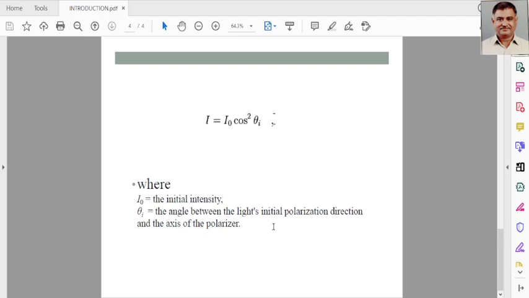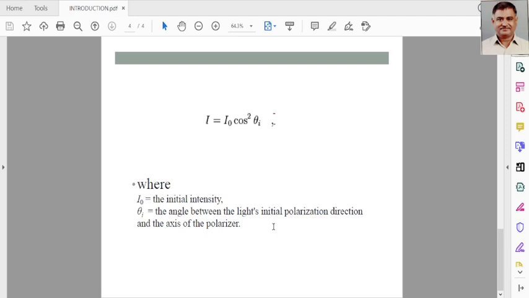The wave surface corresponding to the O ray, the ordinary ray, propagates with the same velocity in all directions and is therefore spherical.